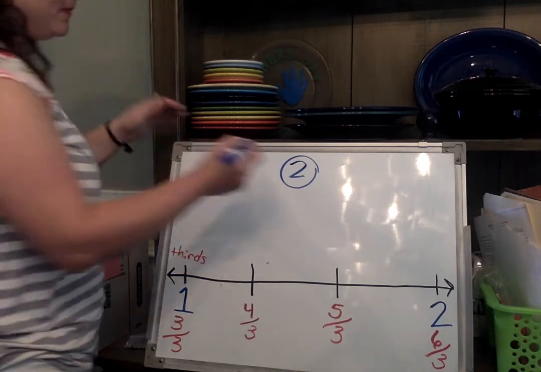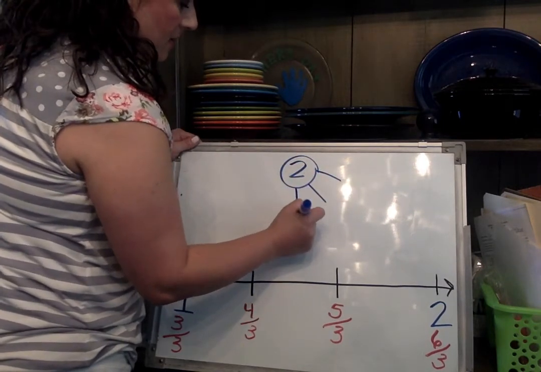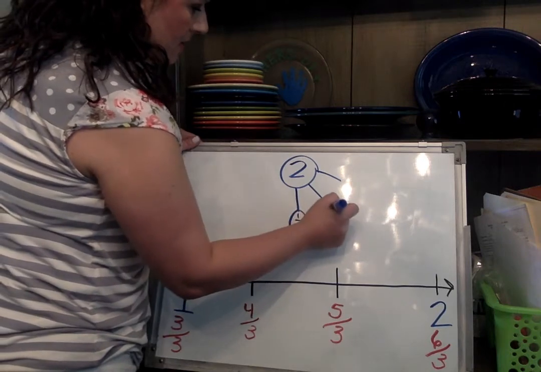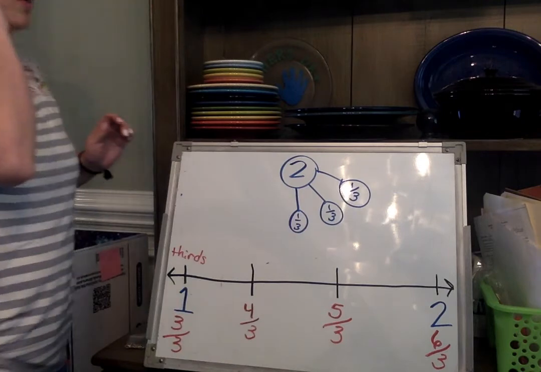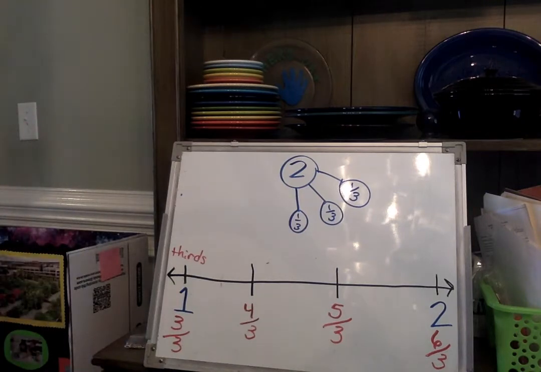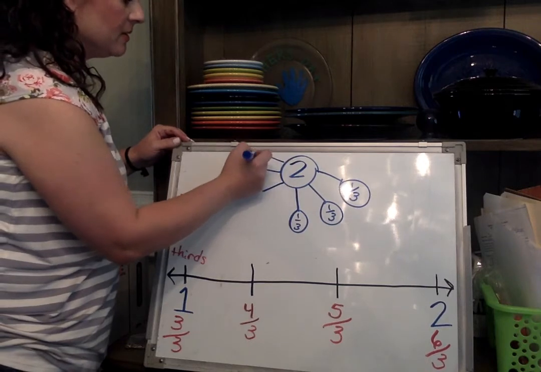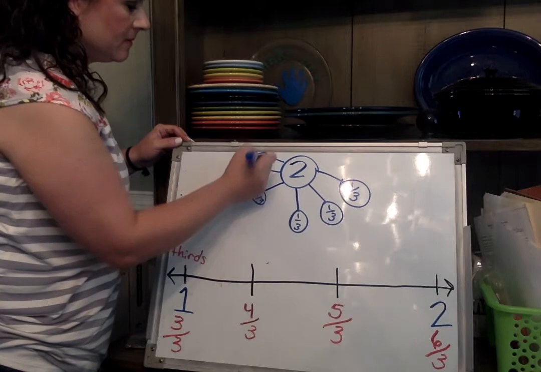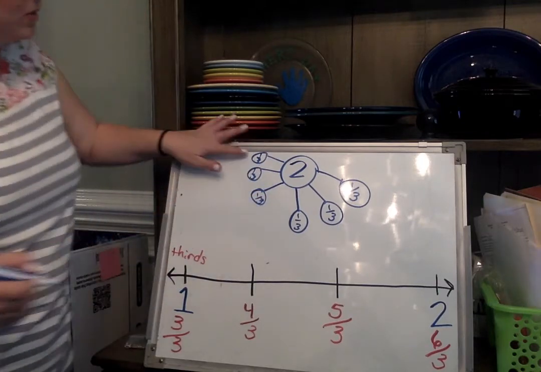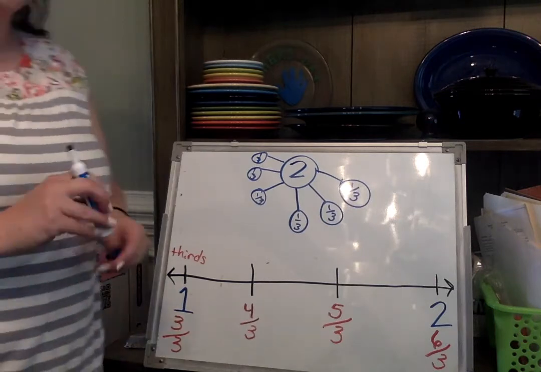So I need 3. 1, 2, 3. 3 thirds make up 1 whole. Okay. I need 2 wholes, so I'm going to need 3 more thirds. One, 2, 3, 4, 5, 6. 6 thirds make up 2 wholes.